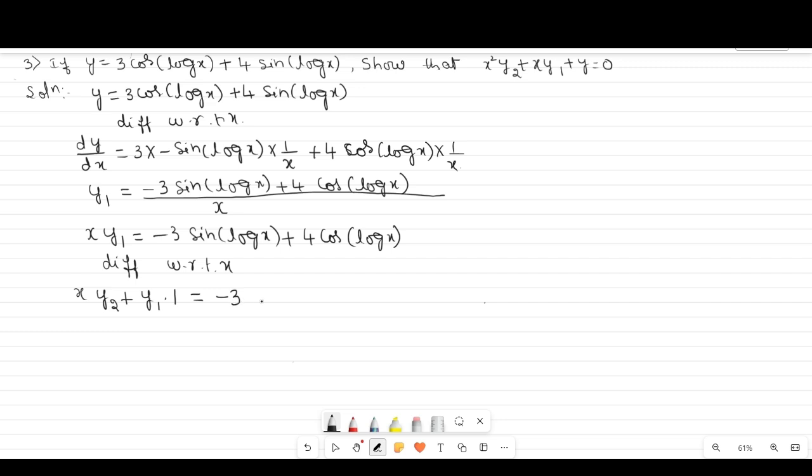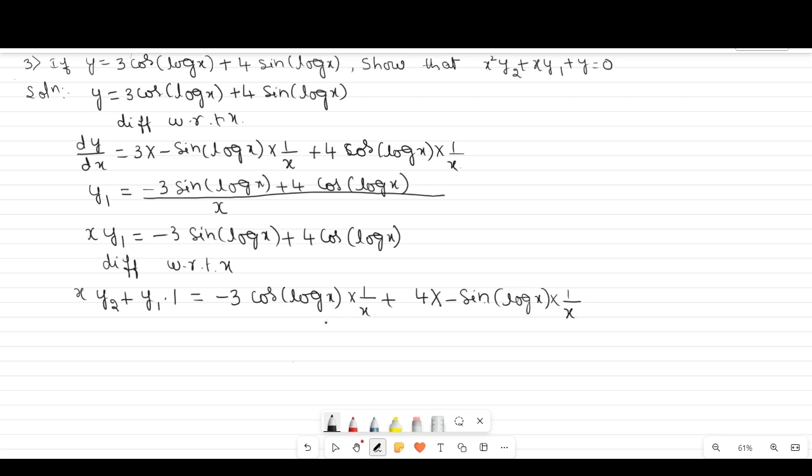It is a constant, I will keep this as it is. Sine function derivative is cos of log x into log x derivative is 1 by x, plus 4 into cos of log x derivative is minus sine of log x. Next, log x derivative is 1 by x.